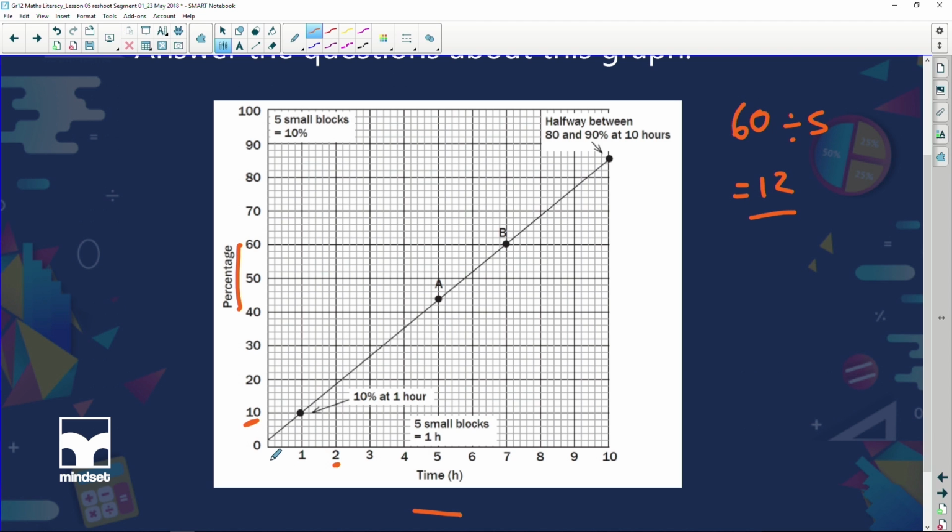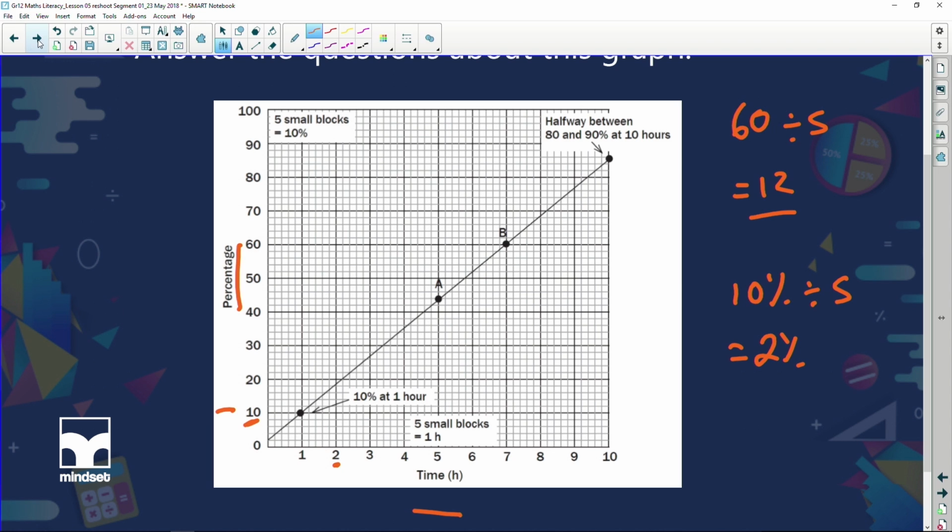So each little block, people, represents 12 minutes. Going up, we know that the big block represents 10%. The little block, there's 1, 2, 3, 4, 5. 10% divided by 5 means each little block represents 2%.